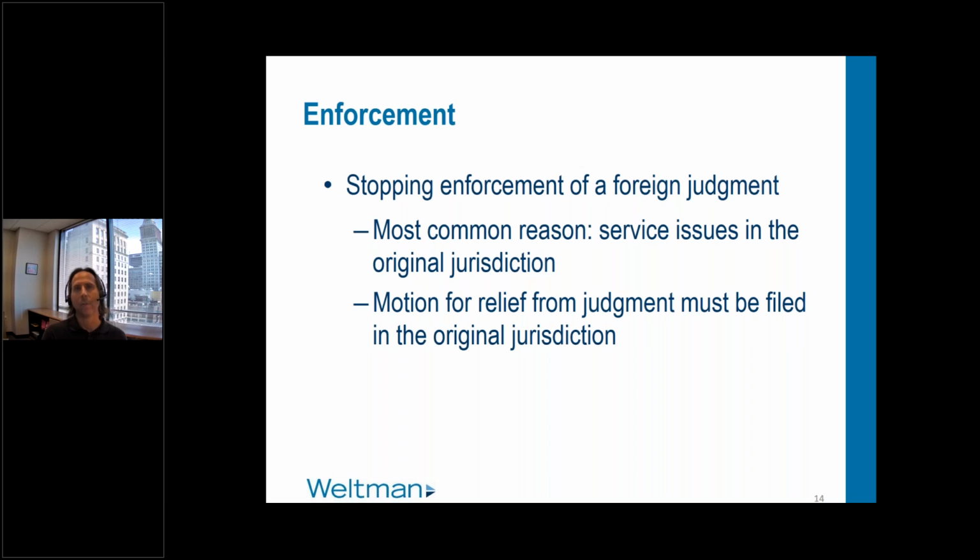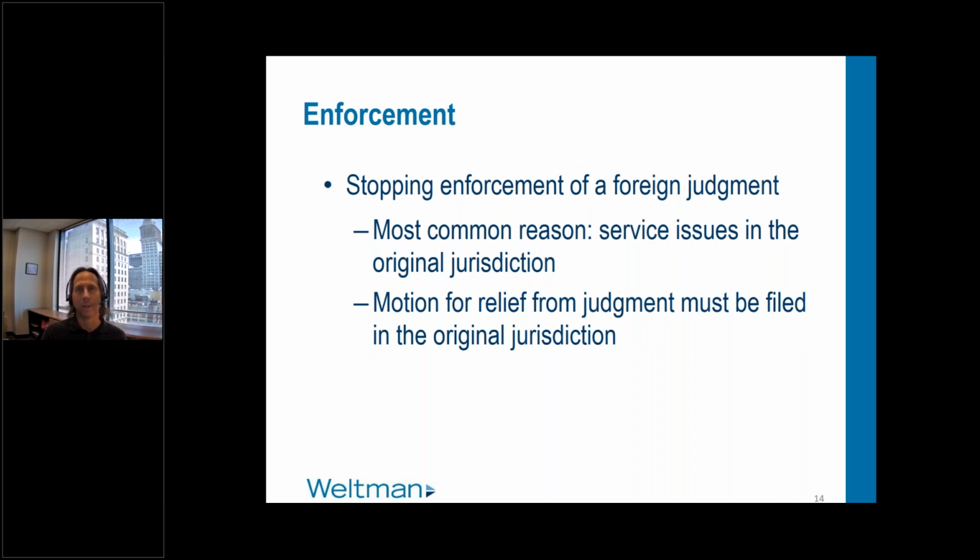They should go back to Nebraska and file a motion for relief from judgment based on a service argument. Usually a judge will give them, let's say, 30 or 60 days to file that motion. If they do, then they'll put a stay on the enforcement of the foreign judgment in Ohio, which is fair.